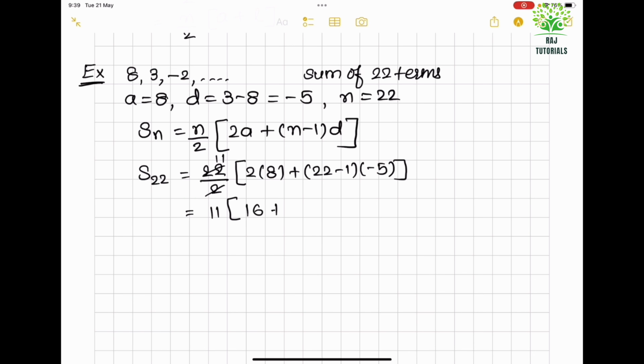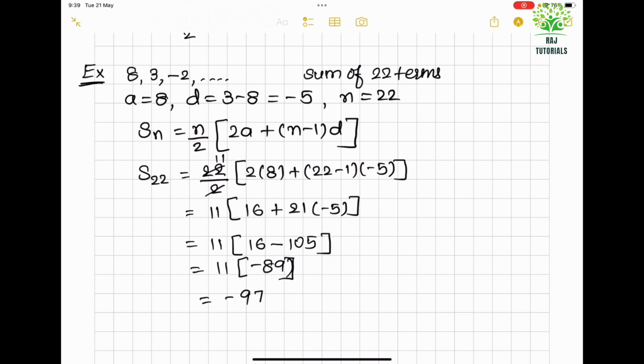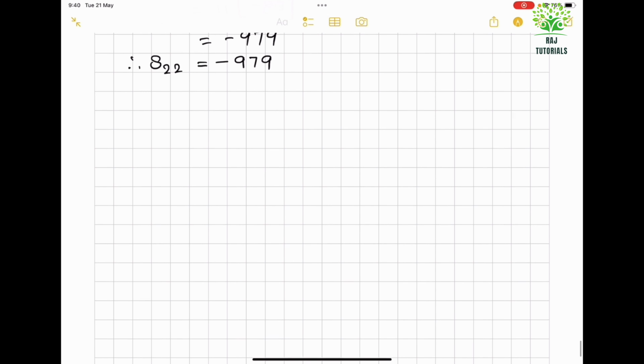So 11 into 16 plus 21 into minus 5 will be equal to 11 into 16 minus 105. Which in turn will be 11 into minus 89. So that will be equal to minus 979. So therefore I can say that the sum of 22 terms is minus 979.